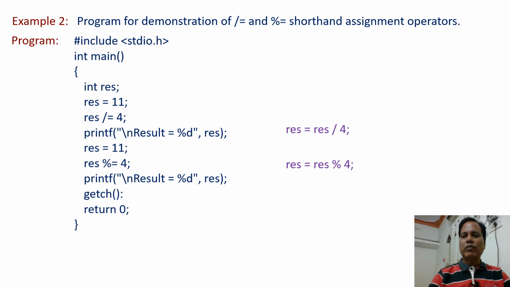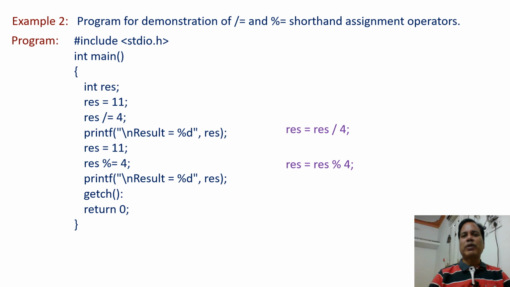So the value of race is divided by 4 and the remainder is assigned to race. So here we get the remainder as 3. Using the printf statement, this value is printed. So result equal to 3, and at the last getch and return.